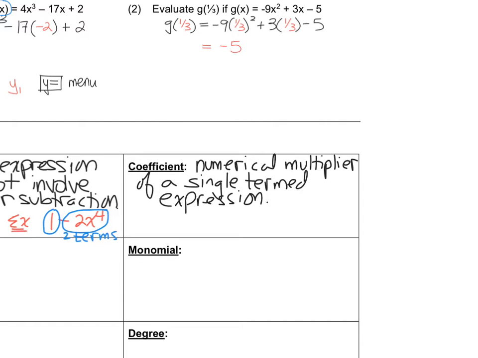All right, so if I'm just focusing on a single coefficient, I'm only working on a single term. I just take the same example, -2x to the 4th. That constant multiplier, that numerical multiplier, would be the coefficient. So you have a variable part, and then you have the number that's being multiplied by the variable. We call that a coefficient.